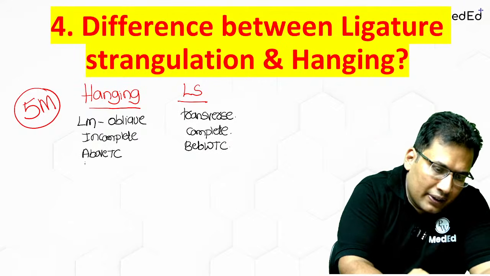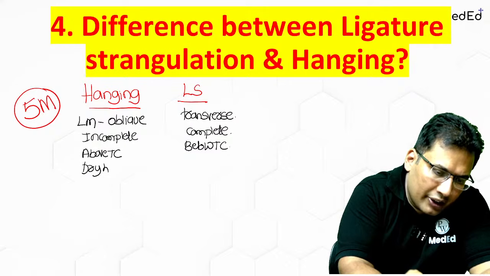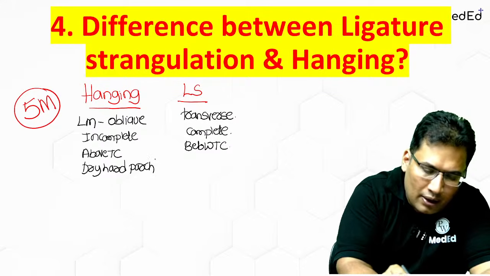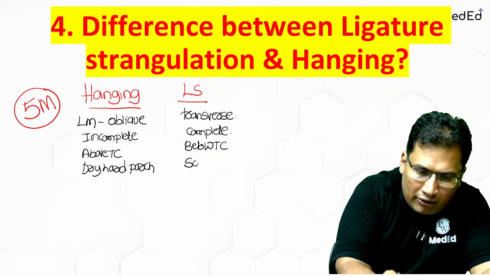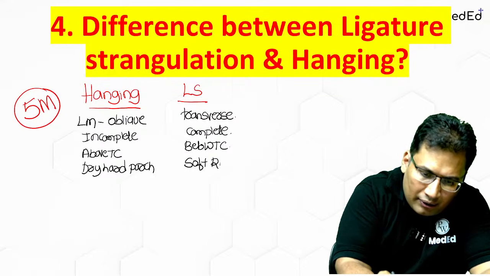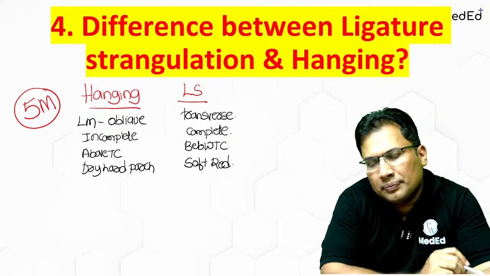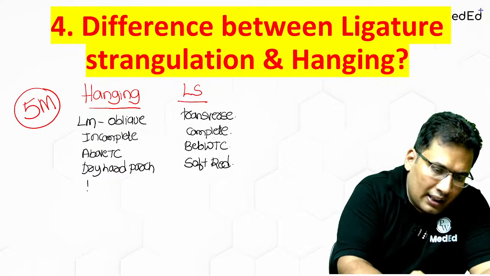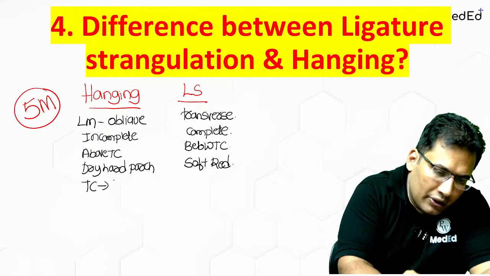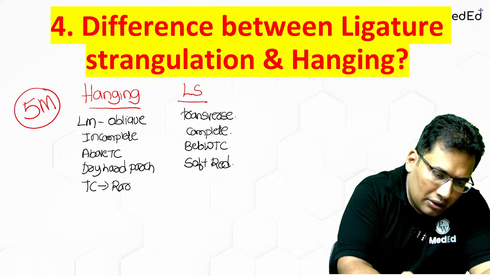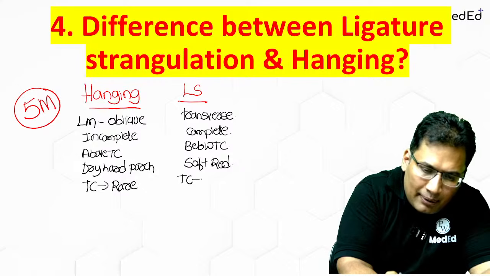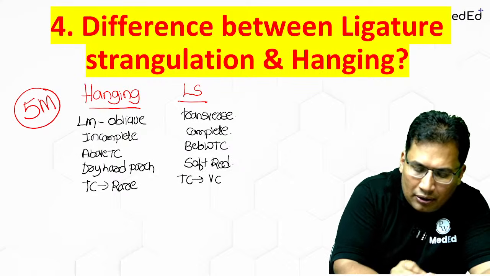Then the base is dry, hard, parchmentized in hanging. Here it is soft and red. Thyroid cartilage damage is very rare in hanging. Here thyroid cartilage damage is very common.